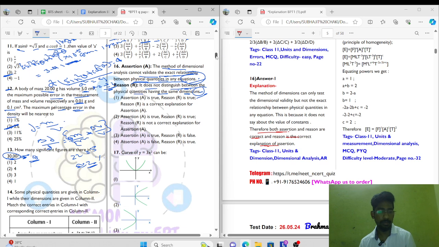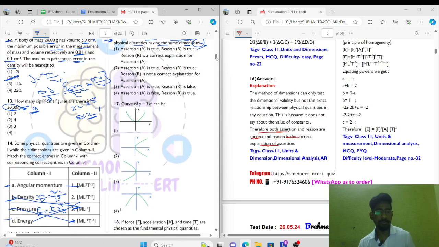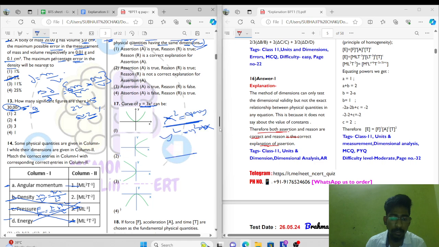Okay, question number 17, y equals 3x squared. So this is a parabola. I think you guys know x squared equals 4ay or y squared equals 4ax. So this is the parabola equation about the y axis, and this, y squared equals 4ax, is the equation about the x axis, right? So these two are the equations.